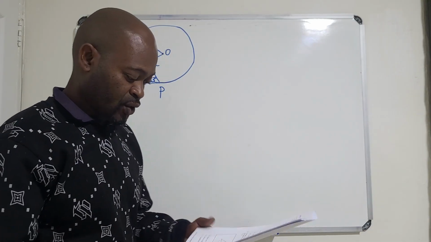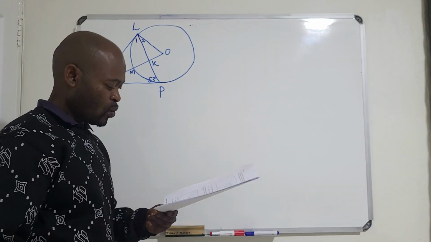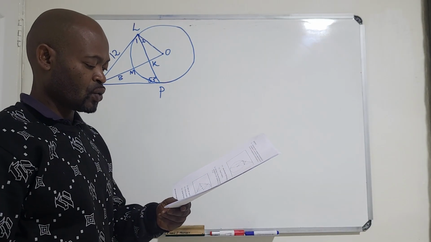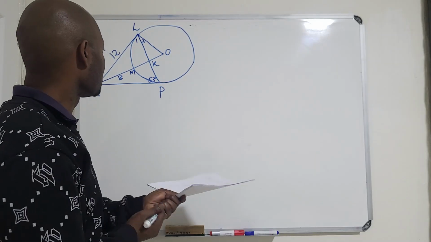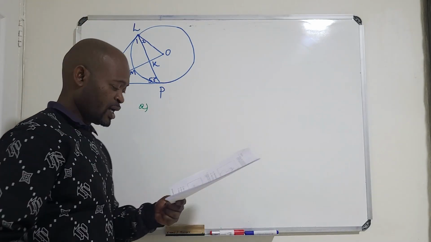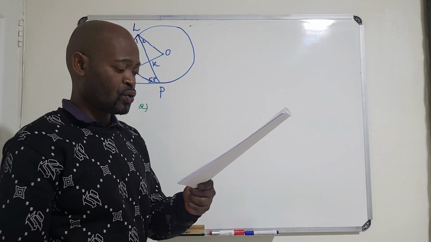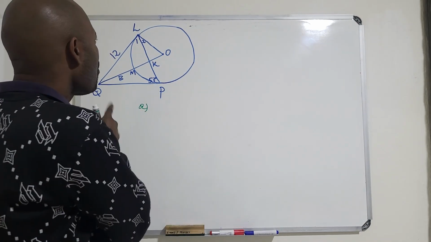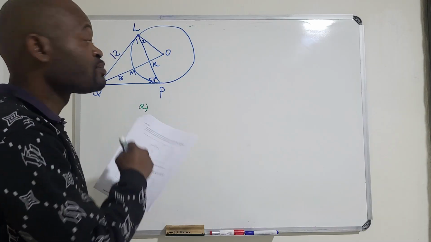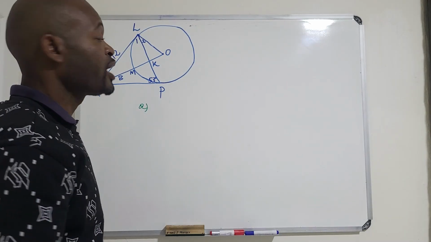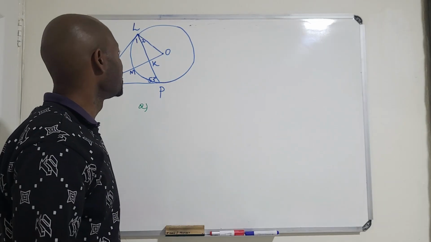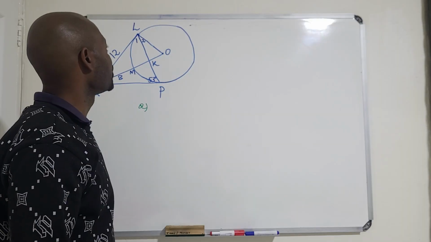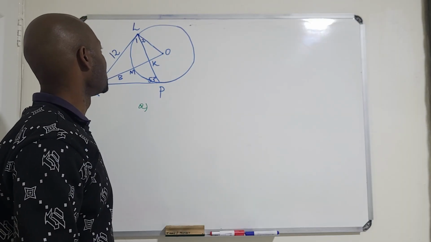Now, they say to us, name with reasons two angles which are equal to 90. We can put that as our A. Before we can start solving this problem, we have a culture in geometry that we must first eliminate all the theorems which are not in this problem.